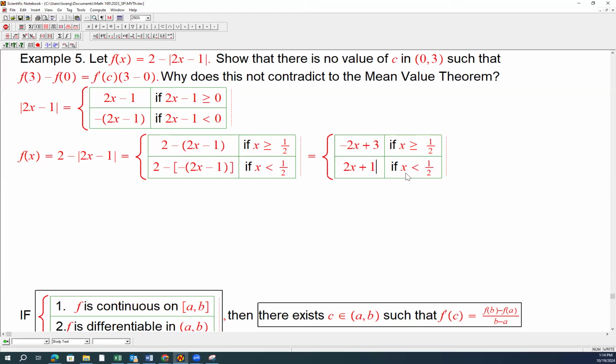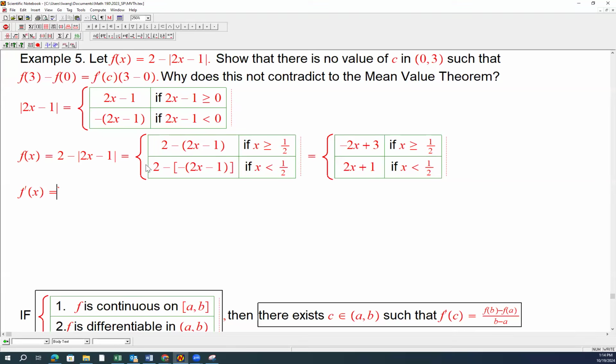Okay. So when we take a derivative of the function, we're not going to take a derivative at half.